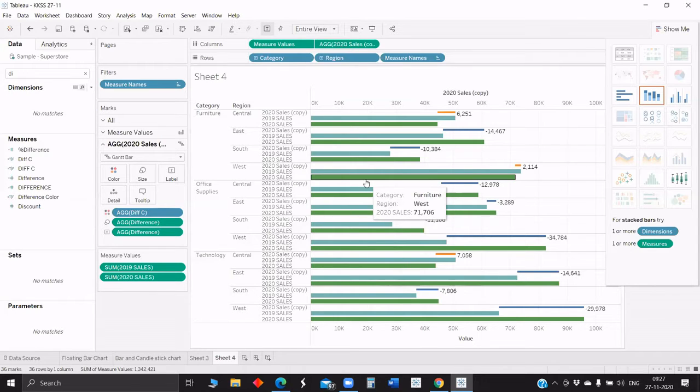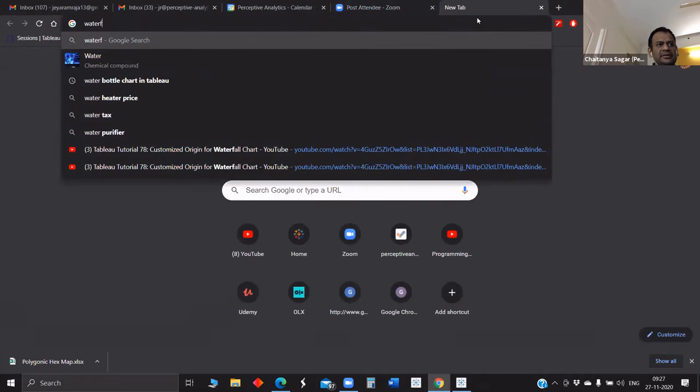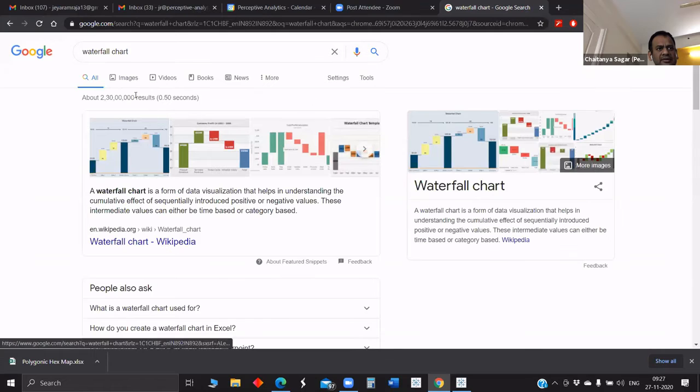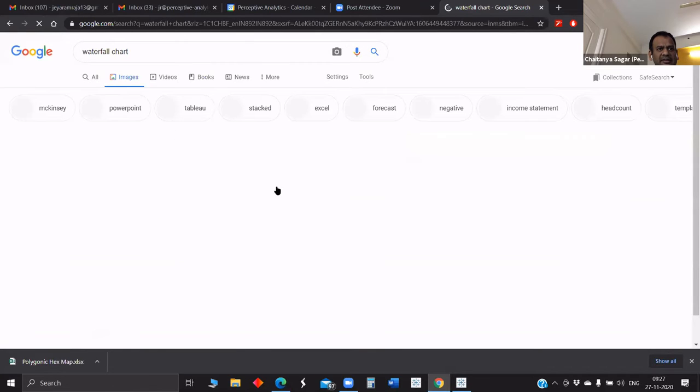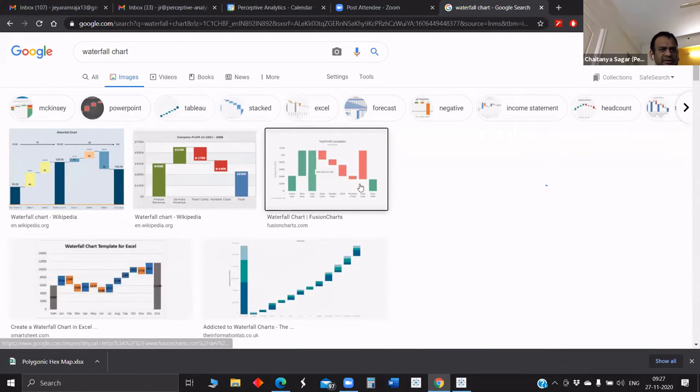Jairam, can you just Google waterfall chart? There you go. So that's a classic waterfall chart. Okay, so basically, I just click on that. Perfect. Any one of them.